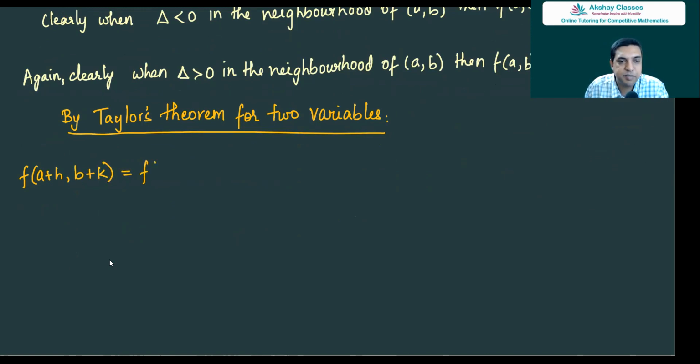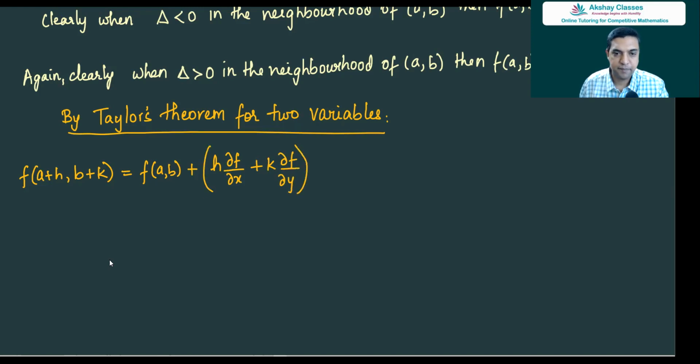The expansion is f of a comma b plus h times dou f by dou x plus k times dou f by dou y at a comma b. After doing this derivative, substitute a and b.